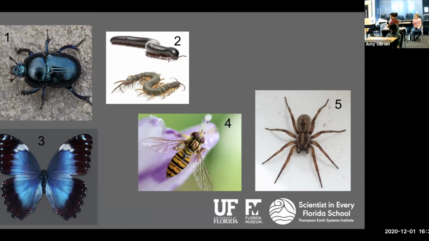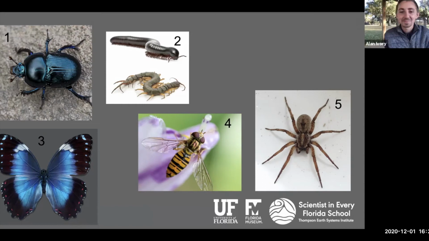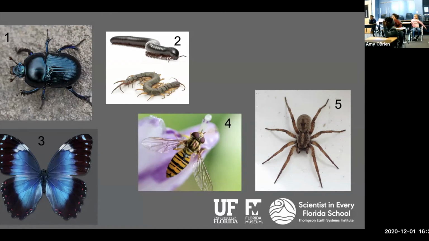Number 3 is a butterfly. It's harder to see his 3 body parts, and you can't see his legs because they're on the bottom side, but he does have 3 body parts. He has a head. You can see that darker purple color is his thorax, and then he has that skinnier part, which is his abdomen. It's harder to see, but everyone knows butterflies are insects. You got that one right. Good job. All right. What about number 4?